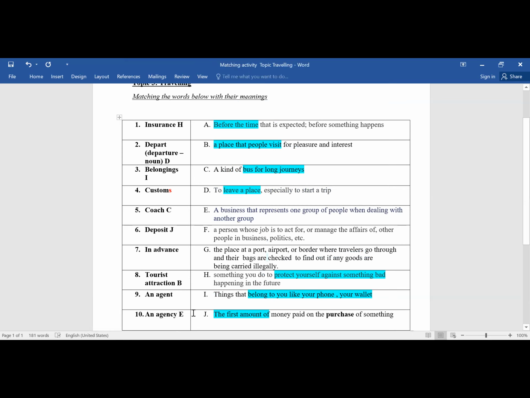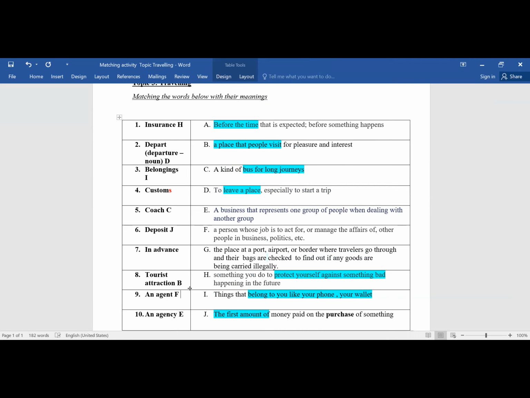So this is letter E. Now, who is an agent? An agent is a person. Everybody, an agent is a person. For example, if you want to book a tour to go into Sơn Đoòng Cave, you will need to go to an agency, an office.